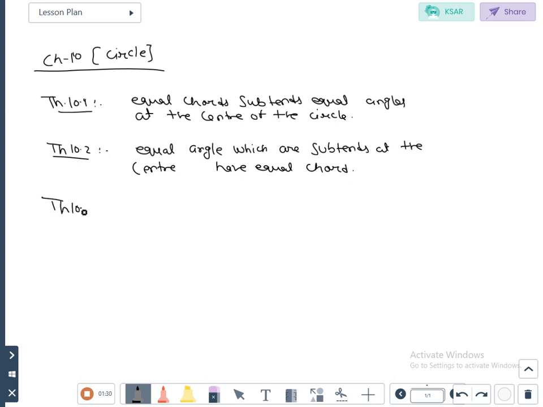Theorem 10.3 is that if in a circle we draw a perpendicular on the chord, it divides the chord into two equal parts.